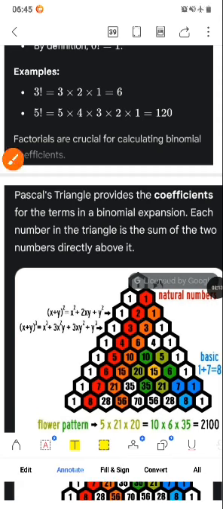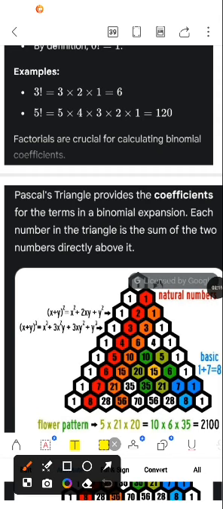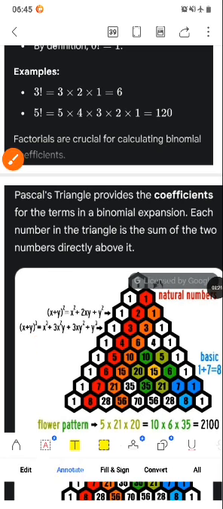That's the concept. Now, let's see how to get the coefficients. The first term is x to the third power. What is the coefficient of the first term? As you can see, it is 1, because we don't usually write 1 if the coefficient is 1.